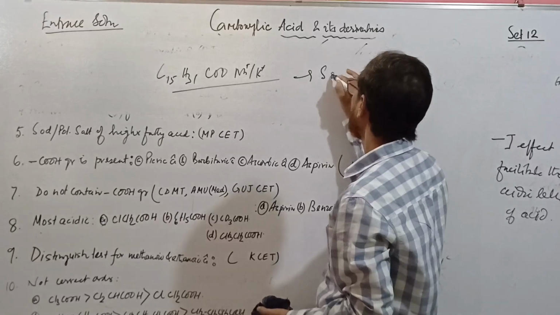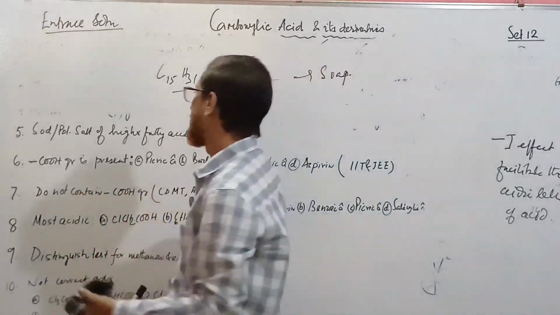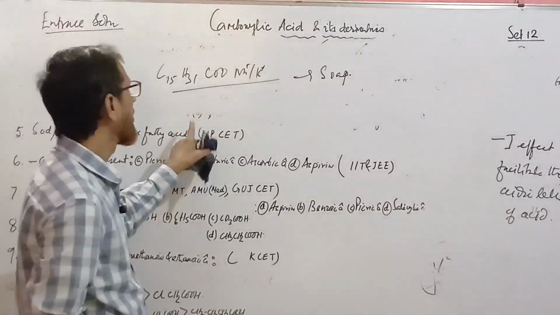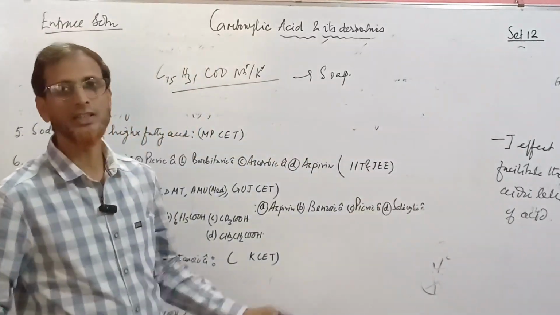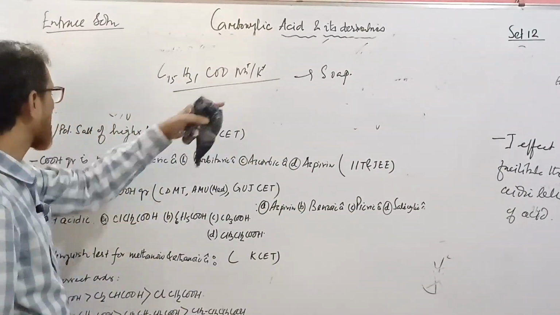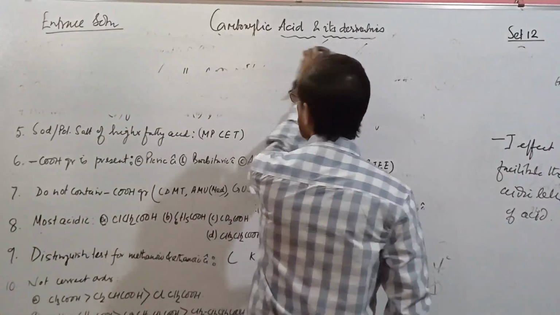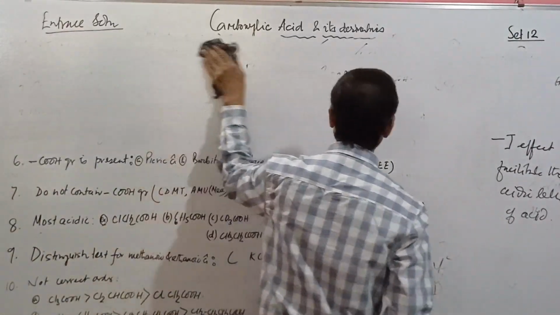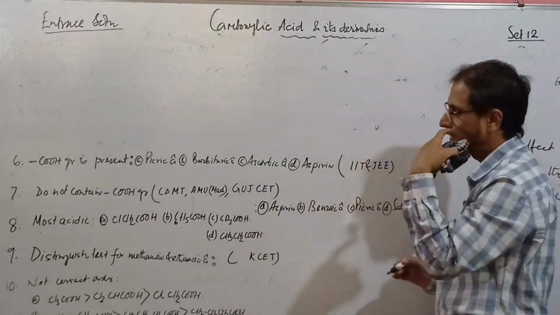So the sodium or potassium salt of higher fatty acid will give you soap. A lot of options are there; I have omitted these options. That answer is soap.